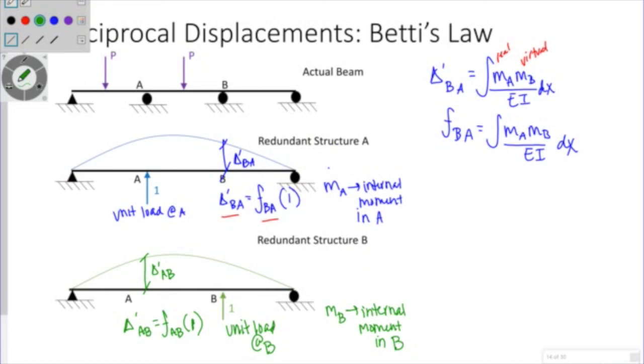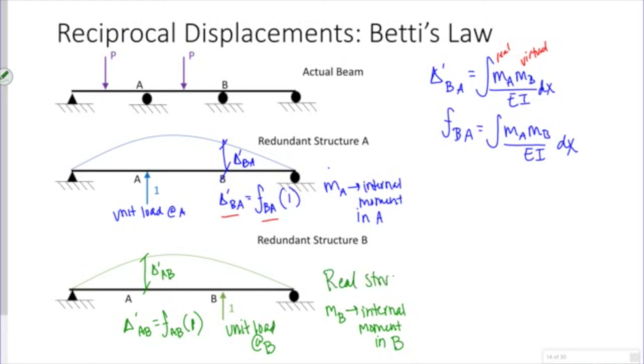What if this was my real structure? And I wanted to find my deflection at A due to that unit load in my real structure. I'd apply a unit load at A for my virtual structure, right?